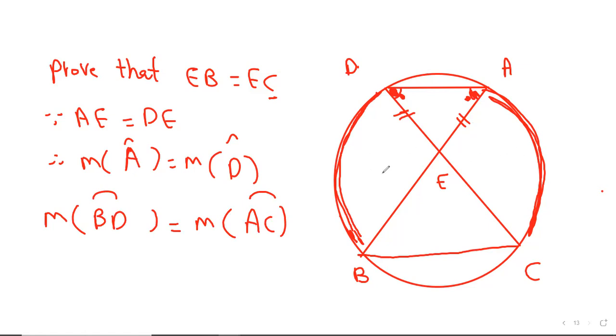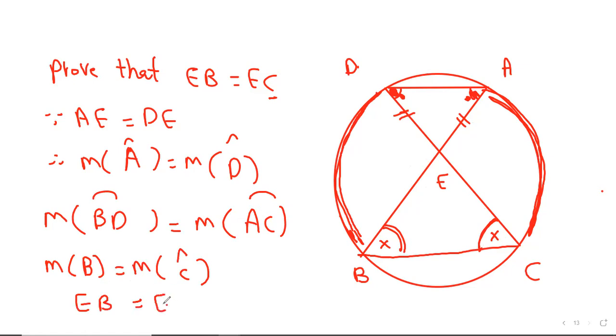They are equal in size. And this angle here and this angle, both of them are equal, because they are two inscribed angles subtended by equal arcs. So the measure of angle B equals the measure of angle C. And from that, EB equals AC. The triangle is an isosceles triangle.